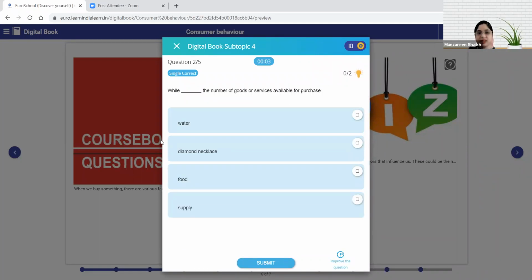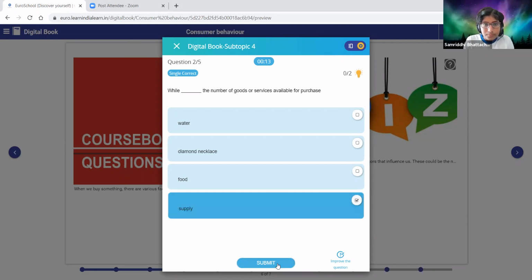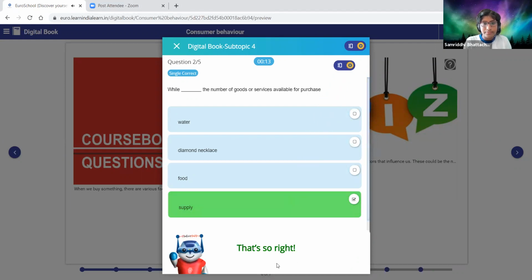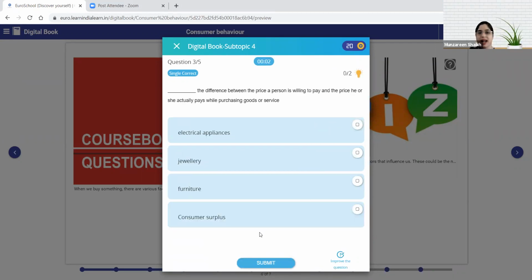While dash is the number of goods or services available for purchase. Supply. Next, dash is the difference between the price a person is willing to pay and the price he or she actually pays while purchasing goods.